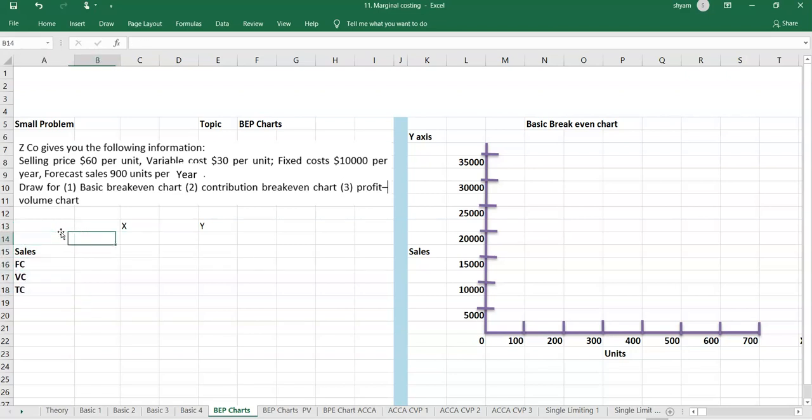For x, x refers to units. We have to find out 2 points. When the sales units are at the minimum, units is going to be 0, and when units are at the maximum, the maximum sales is 900 units per year.